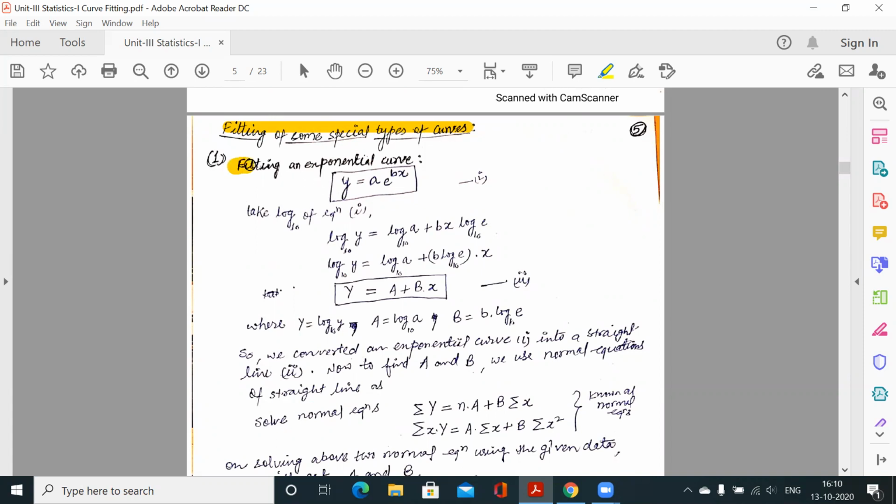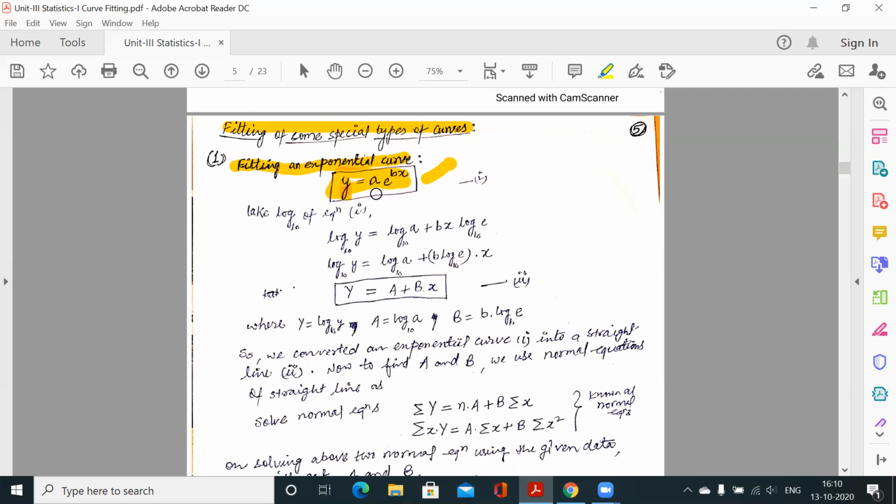So first is fitting an exponential curve of this form: y is equal to a into e to the power bx. Clear? This is our question. We have to fit this curve to the given data, where we need to find out what a is and what b is. So directly we cannot use those normal equations, because normal equations are with respect to the curve.